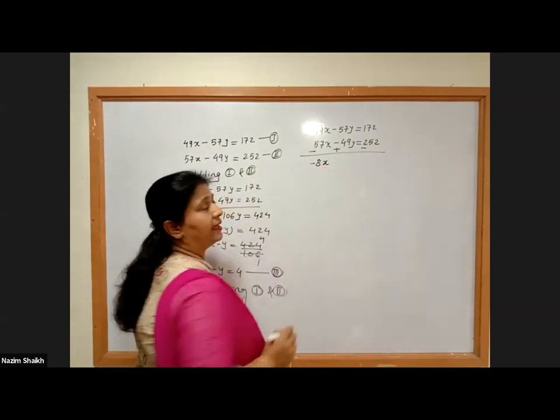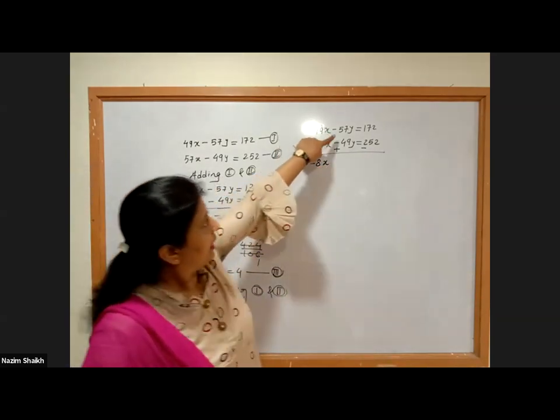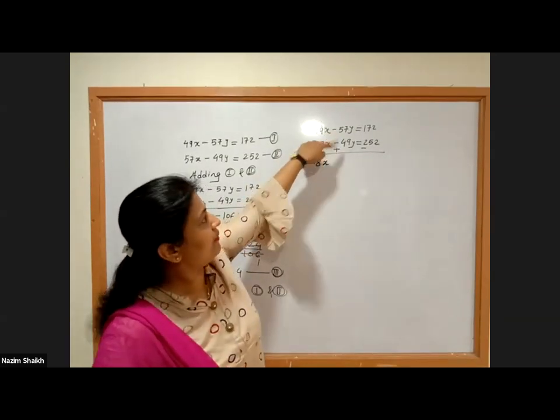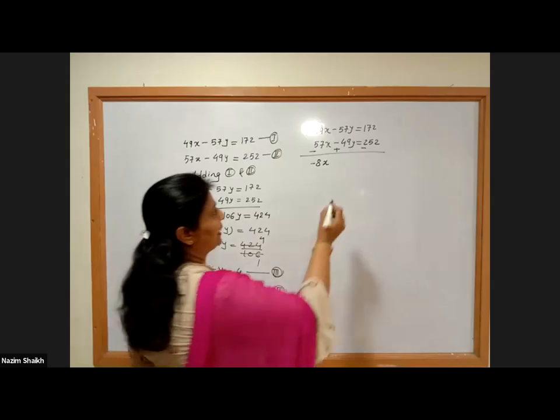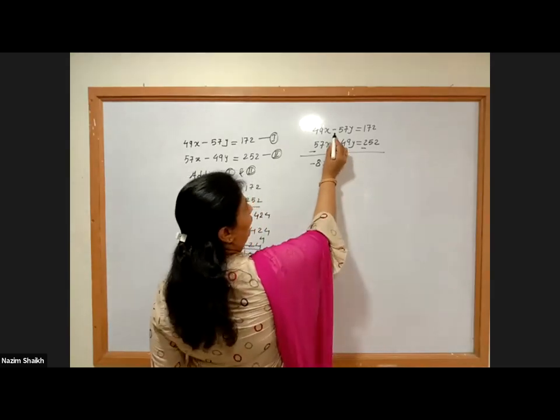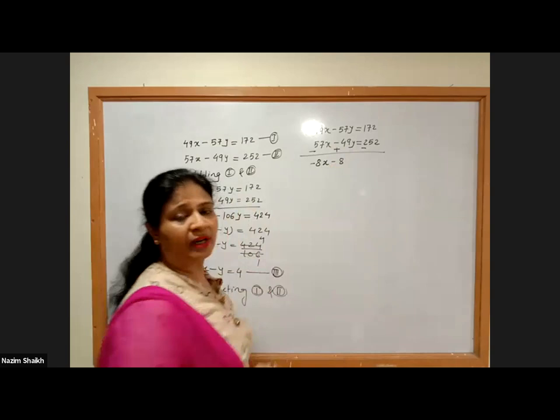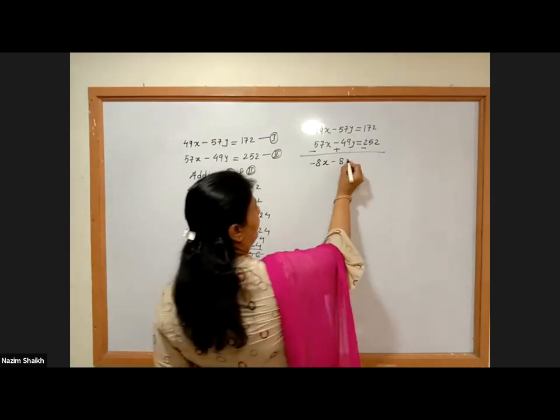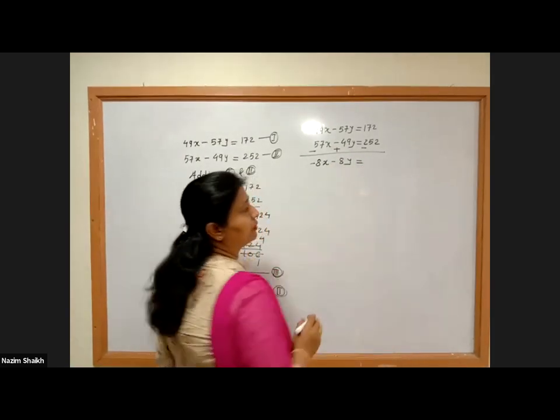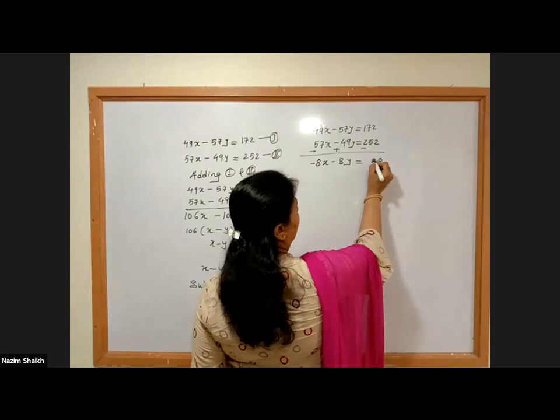So minus 8x. Again here is minus, here is plus, so they will get subtracted. Plus 8. 57 and 49 subtraction is again 8, but the sign of 57 is minus. So I will write minus 8y. 172 minus 252, again subtraction होगा. Yes. 80.